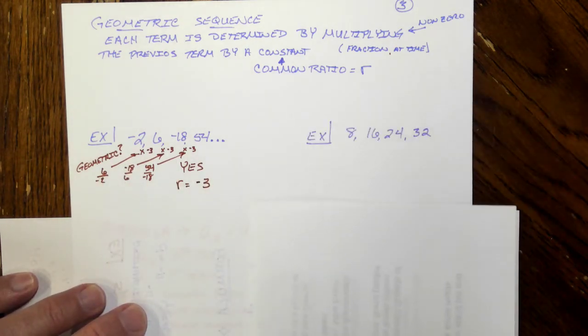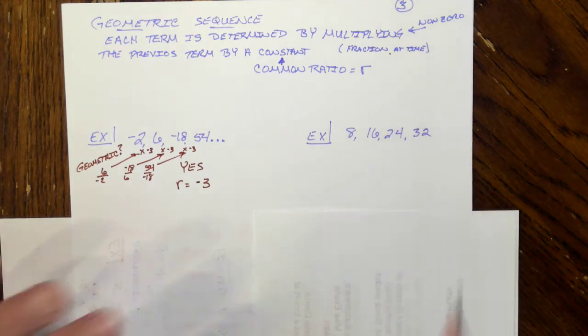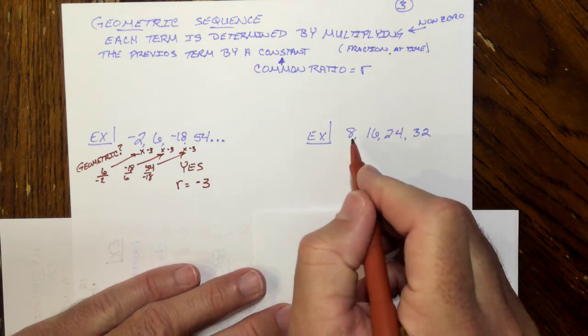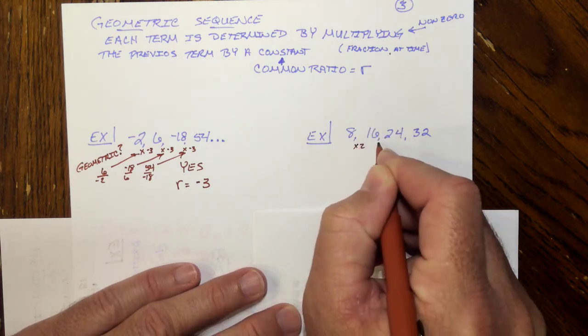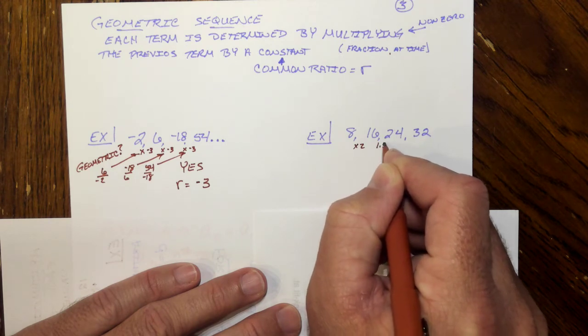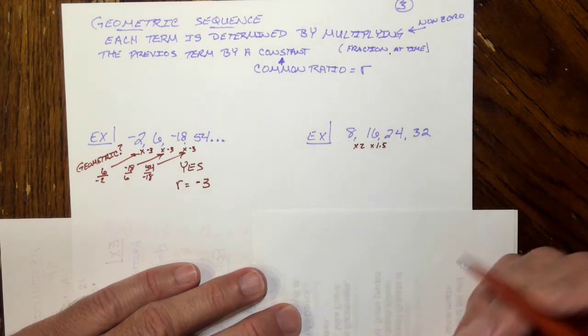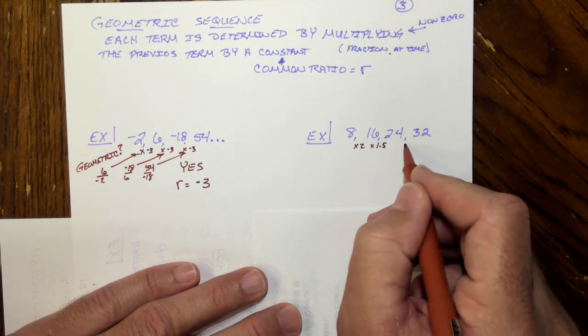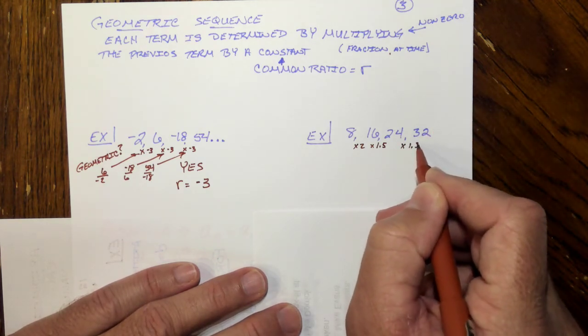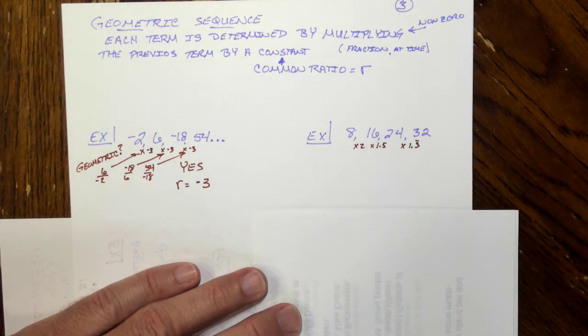Looking here, again, you can do some things in your head. I get it. You know, we're times 2. Times 1.5. Well, right off the bat, I know it's not going to be. And then this would be times 1.3 repeating for you decimal fans, or 1 1/3.